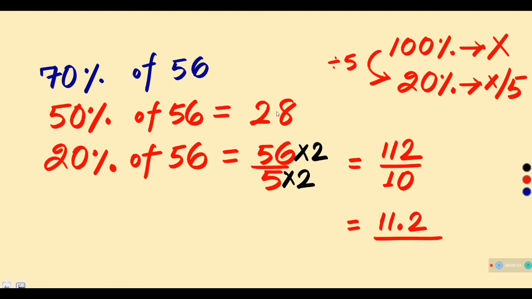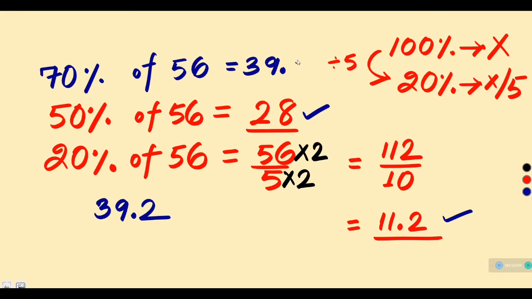So this is 11.2, and this is 28. All you need to do is to add both of them. 28 plus 11.2 is 39.2. So this is so much easy. You should be knowing this feel of percentage as well.